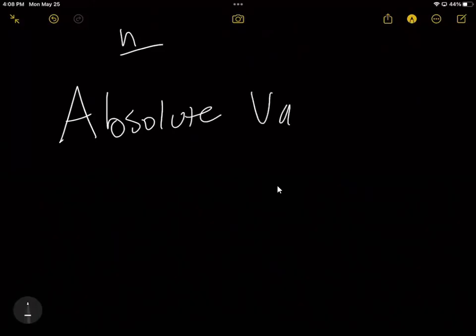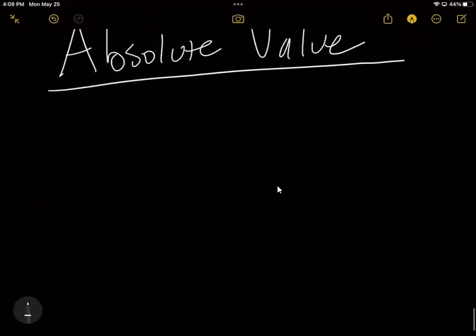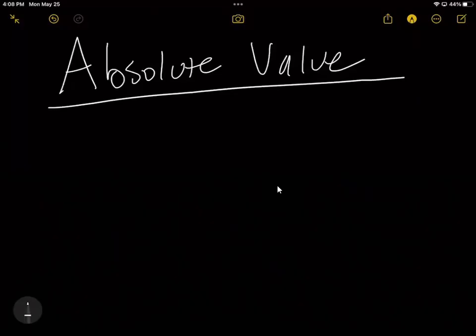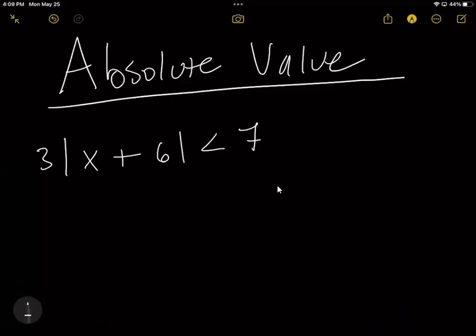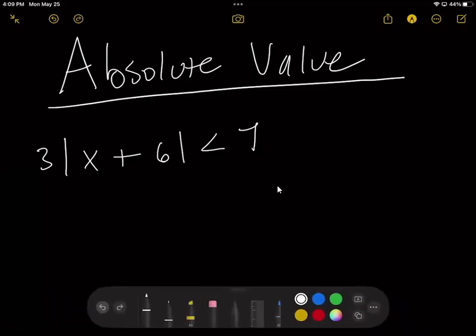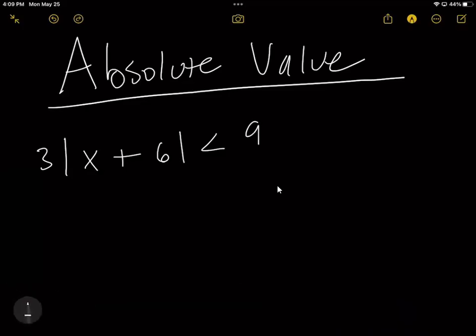When we're solving absolute value equations, we had an example, I think it was something like 3 times the absolute value of x plus 6 is less than 9.